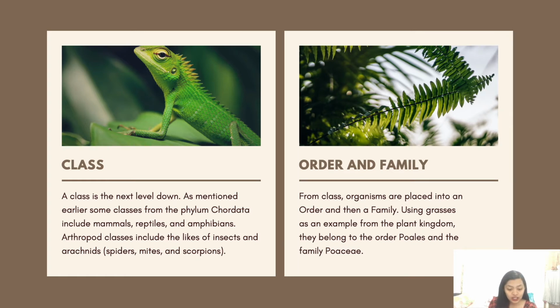In the order, organisms are placed first into the order and then into the family. Using grass as the example in our presentation, they belong to the order of Poales and the family of Poaceae. I don't know if I pronounced that right, but that's how they classify them into order and family.